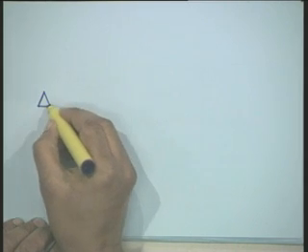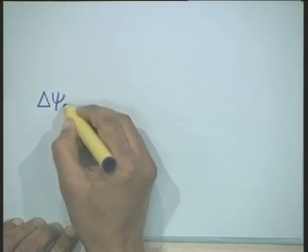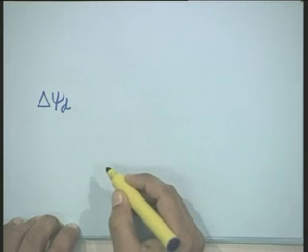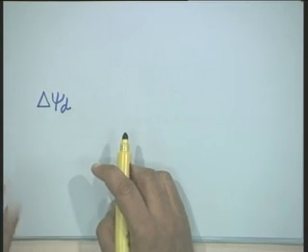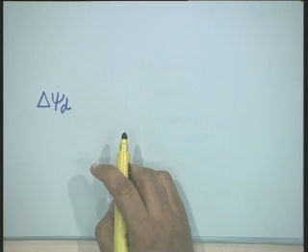Now, here we will be representing the mathematical model relating the flux linkage delta psi d. When we develop this model, we will first develop it in terms of what we call operational parameters.